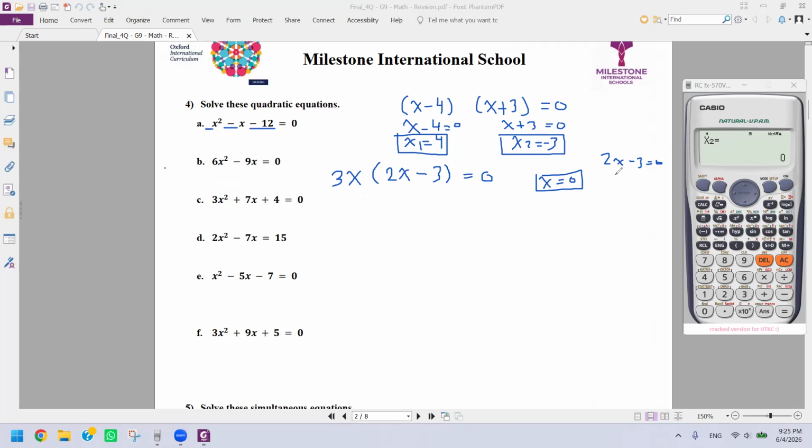Take minus 3 to the other side. 2x equals 3. Then to keep x alone, we divide by 2. So x is equal to 3 over 2. Those are the answers also on the calculator, 3 over 2 and 0.